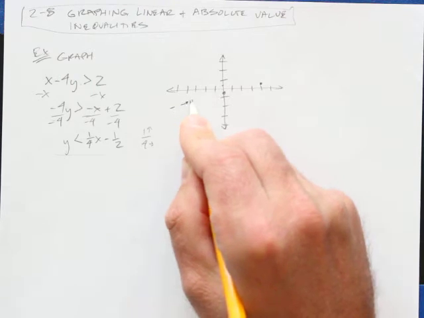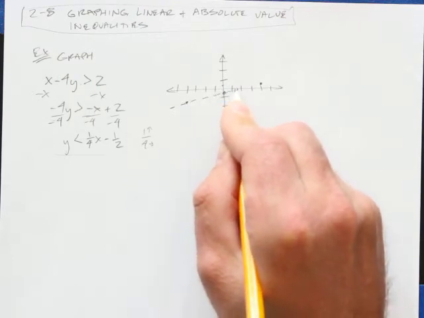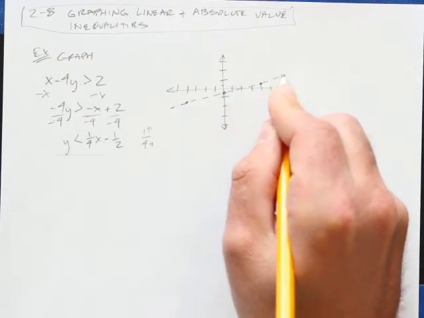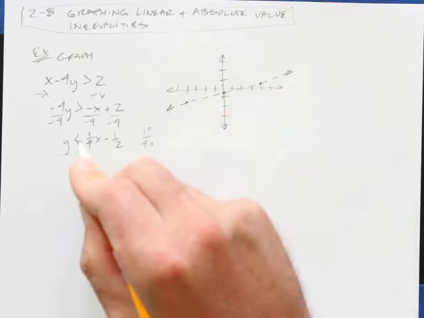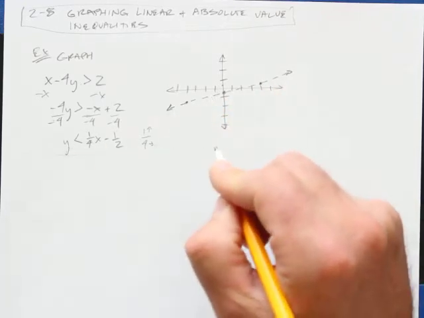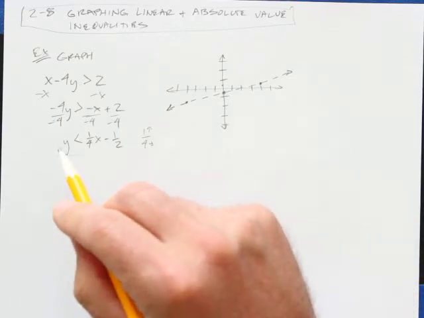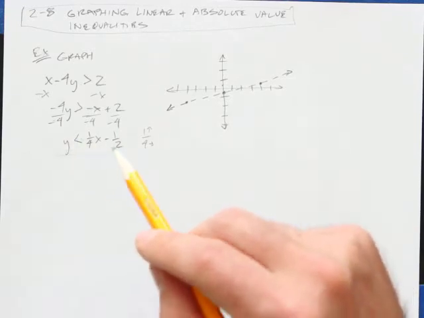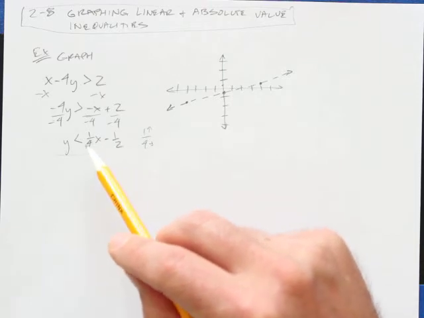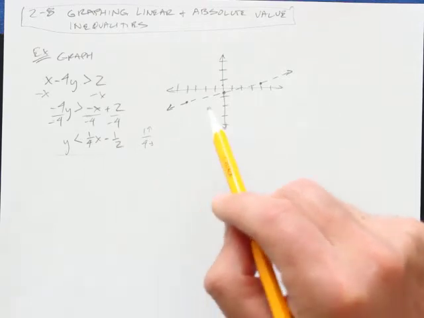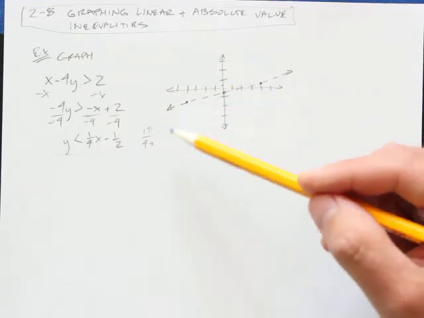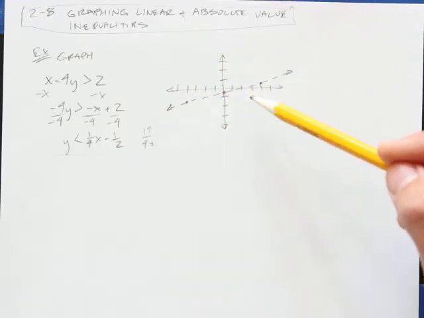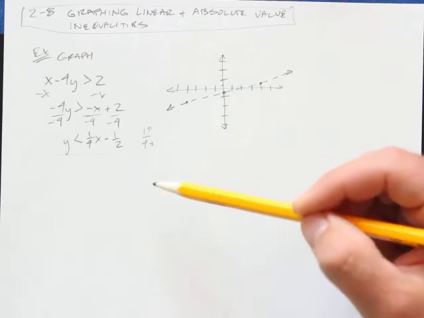So I need to do a dotted line here, and that tells me that this line is not included in these y values. Now, y is less than this equation. I need to decide which side I need to shade. I need to say which values are included.